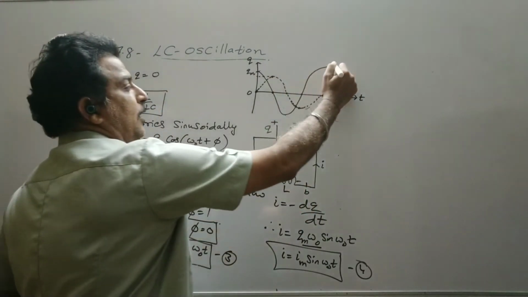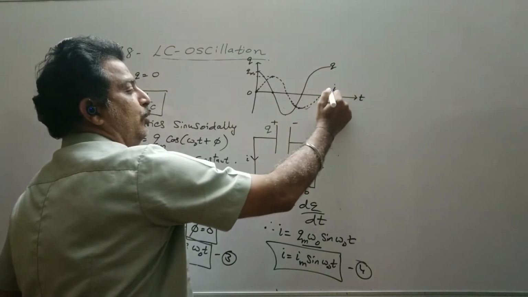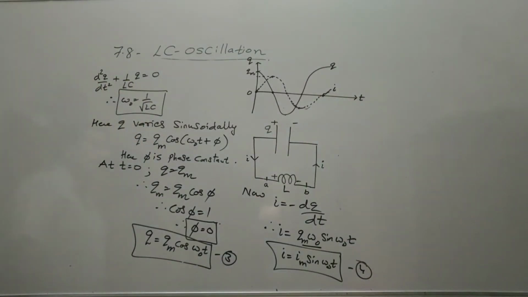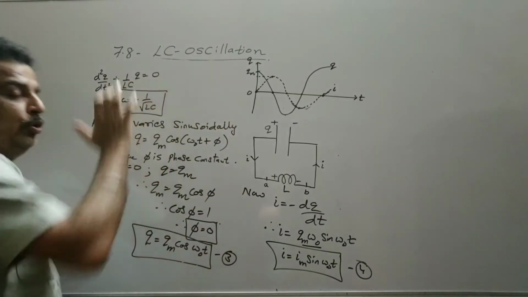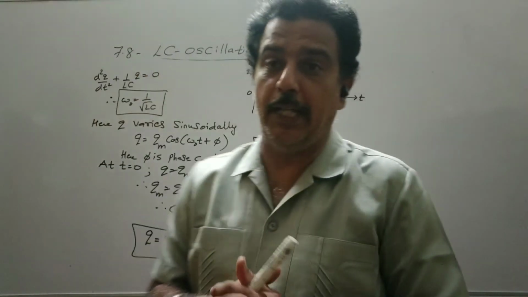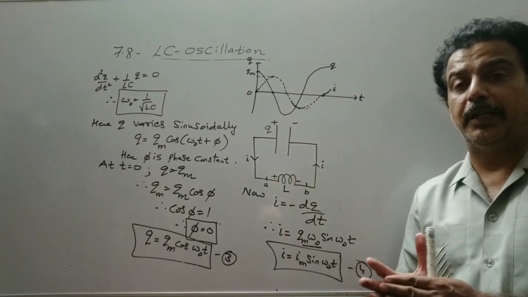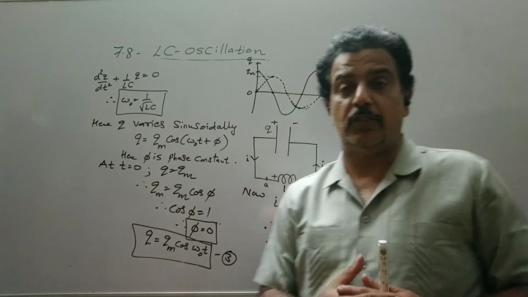So this is the graph of Q, and this is the graph of I. One is a function of cosine and the other is a function of sine. So this is the solution. Equation 3 is called the solution of this differential equation for the LC oscillation circuit. So this was a mathematical treatment of the LC oscillation circuit.